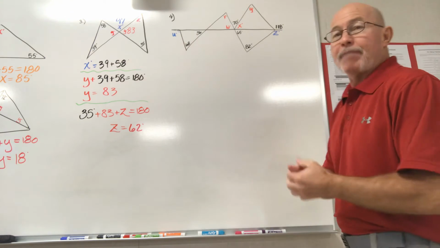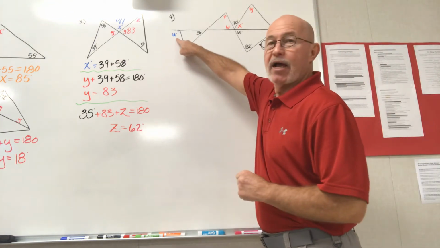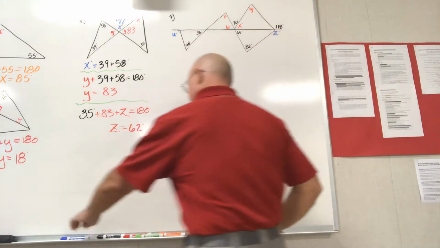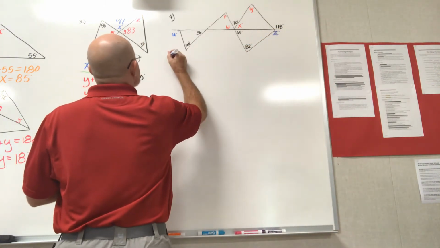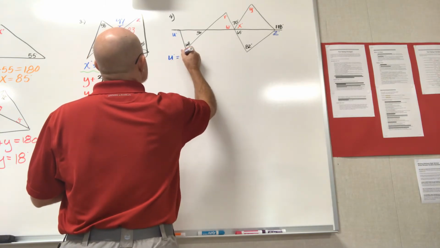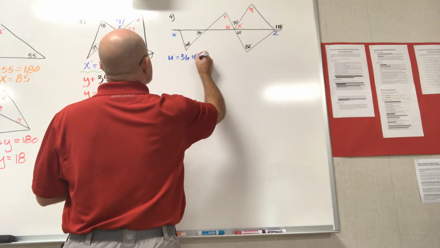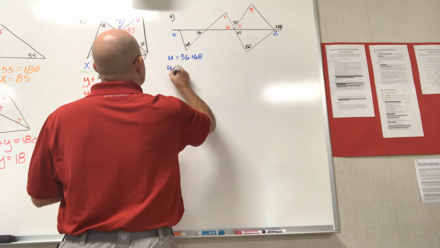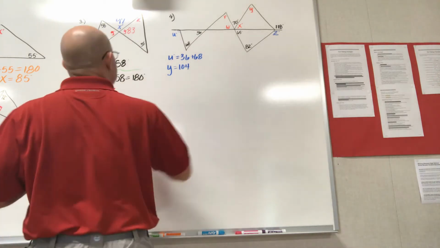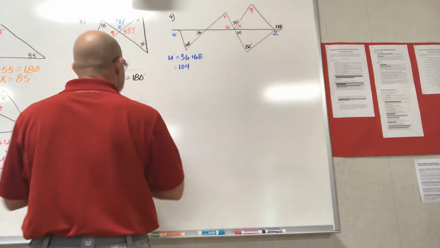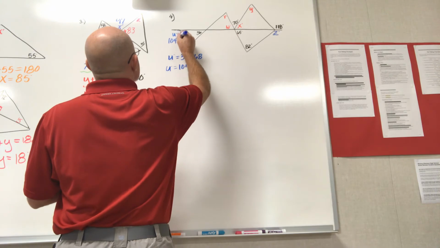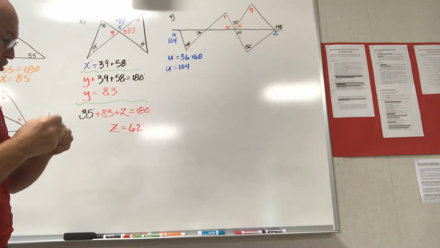I'm going to start with my numbers. Exterior angle equals this plus this. Not a Y, it's a U. Okay, so I've started there.